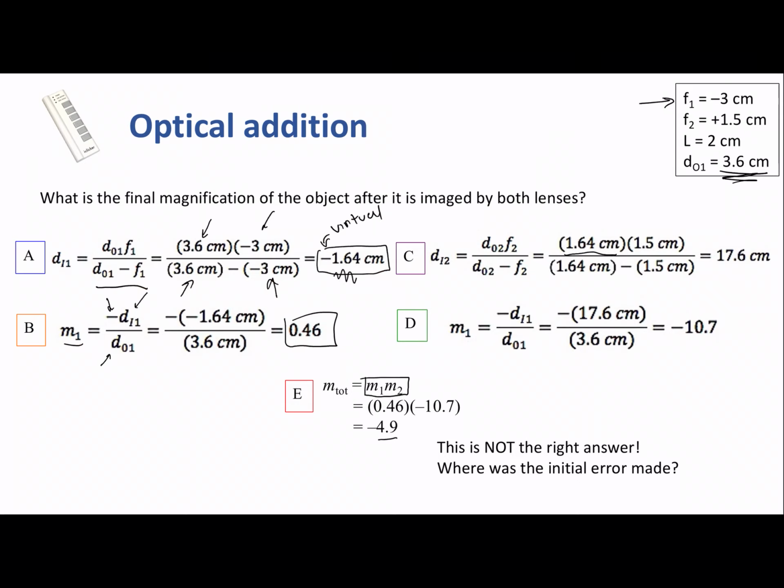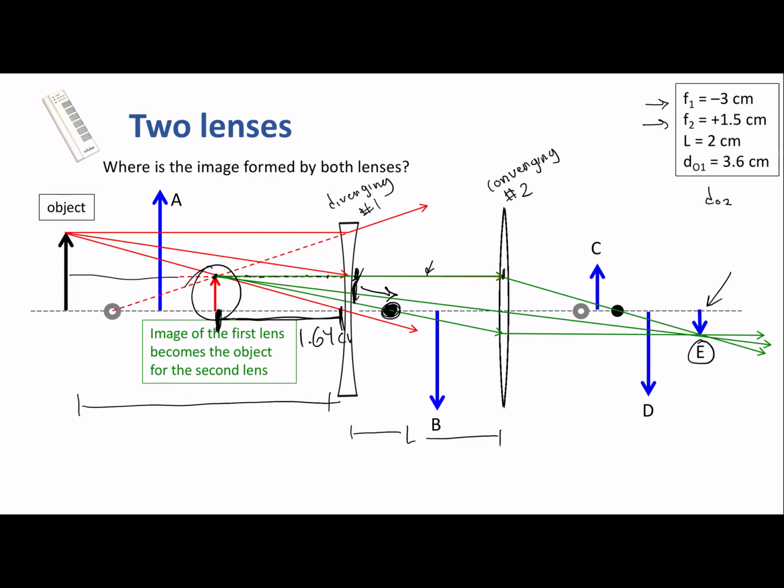So this distance from here to here is 1.64 centimeters. Is that the object distance for the second lens? Well, no, it's not. The object distance for the second lens is the distance between the second lens and the object that it sees, which is that red arrow. That's not the same as 1.64.